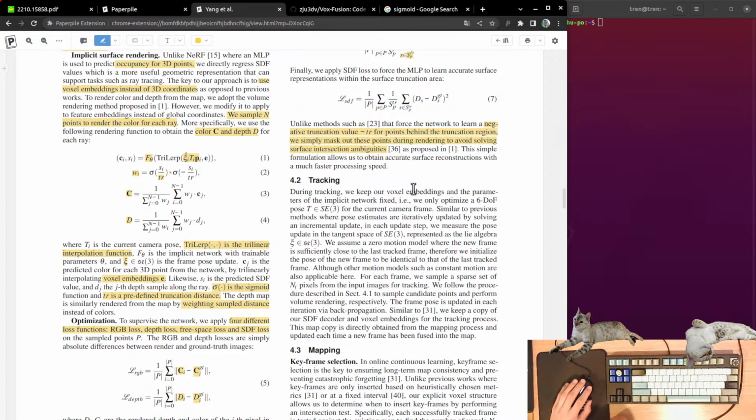During tracking, we keep our voxel embeddings and the parameters of the implicit network fixed. Okay. So when they're tracking, the NeRF, which is this f theta here, is fixed, and they're using that. And then I guess the mapping process will update those.